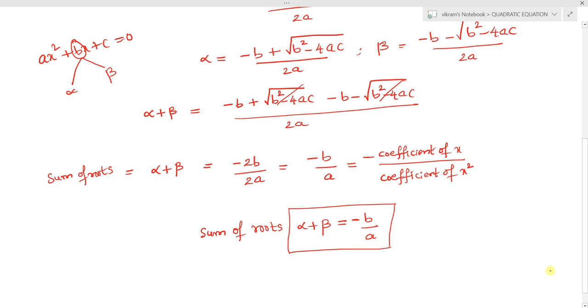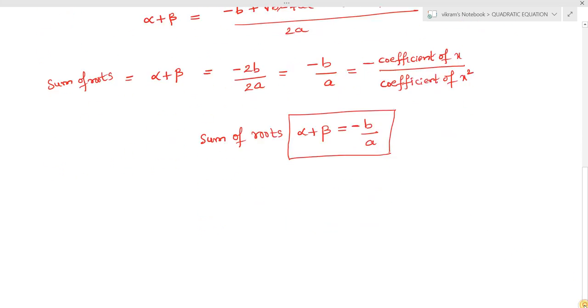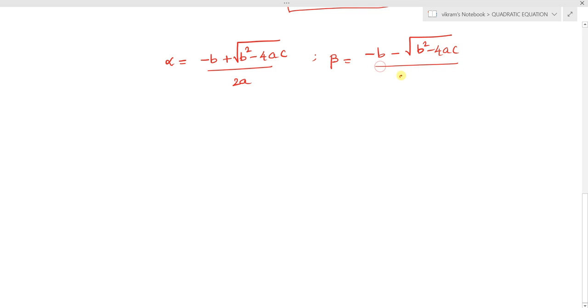Now if we multiply these roots, alpha equals minus b plus square root of b square minus 4ac by 2a, and beta equals minus b minus square root of b square minus 4ac by 2a.